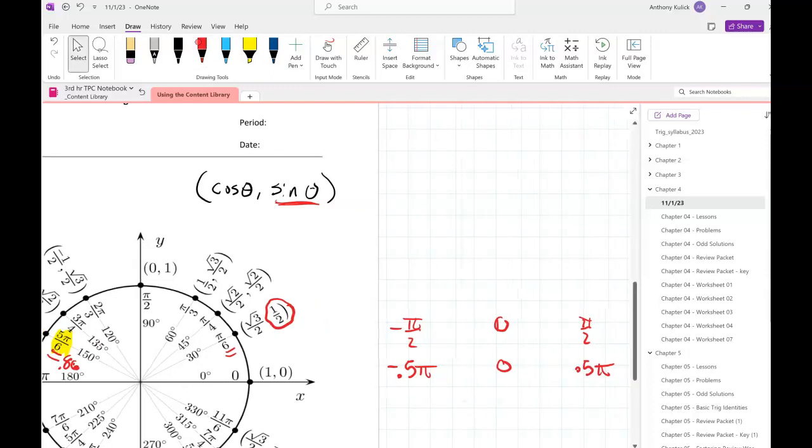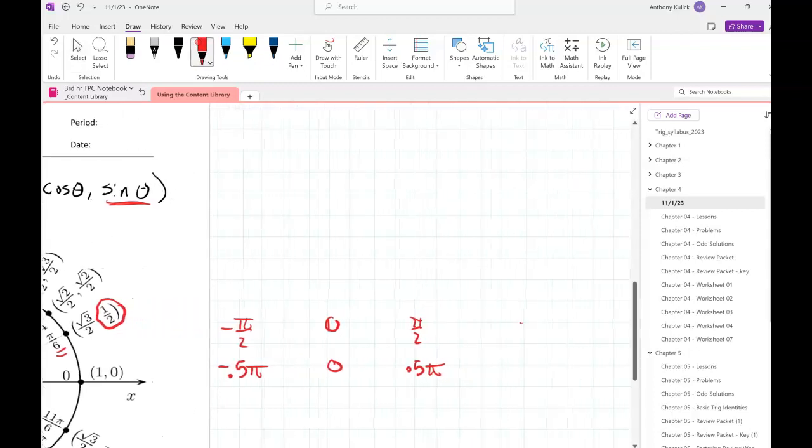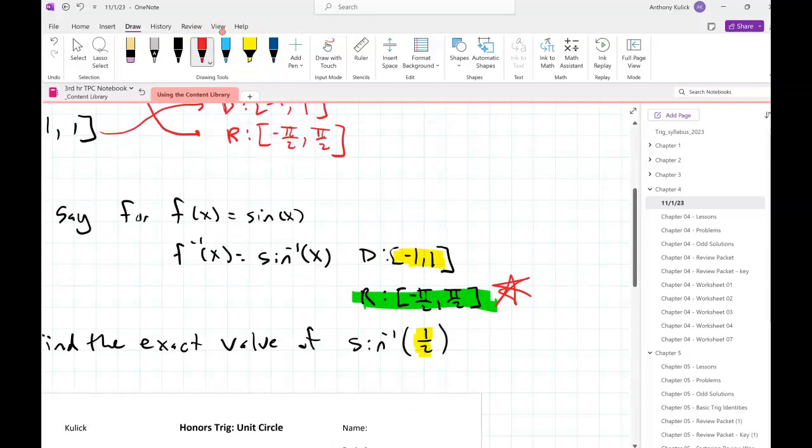So is that in between? Not in between, right? Too big. Pi over 6 would be over here. The other one will work though. Yes, this one is good. So that's going to be our answer here.